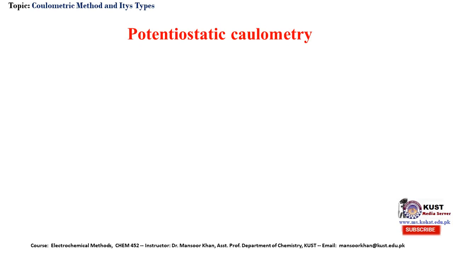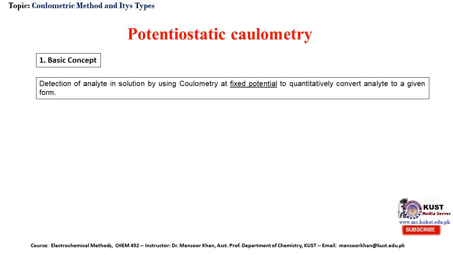Now the second type of coulometric method of analysis is the potentiostatic method of coulometry. So what is the basic concept of the potentiostatic method of coulometry? It is the detection of analyte in a solution by using coulometry at a fixed potential to quantitatively convert the analyte to a given form.